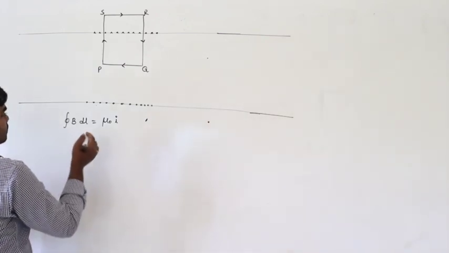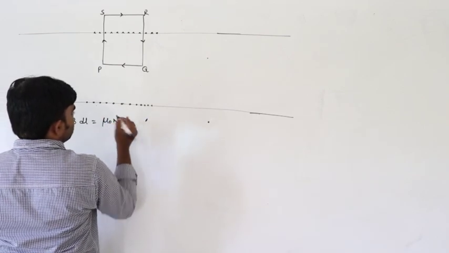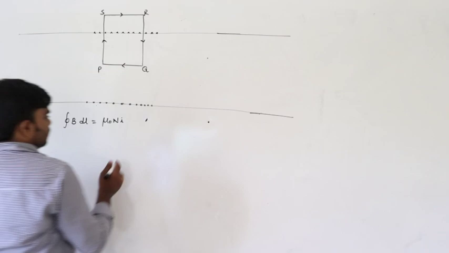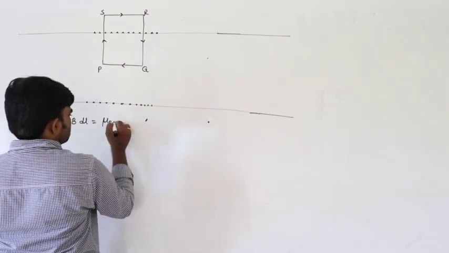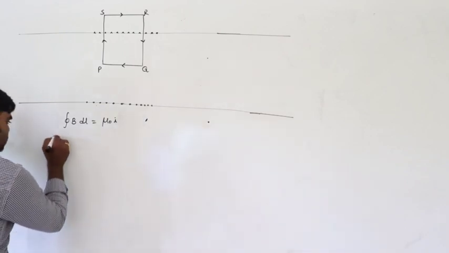The magnetic field associated with that is mu naught I. Here, let N be the total number of turns.